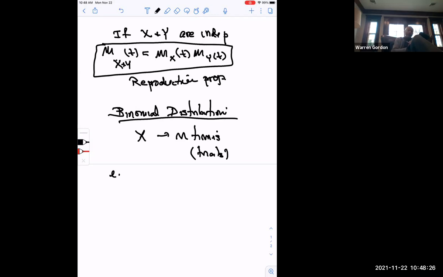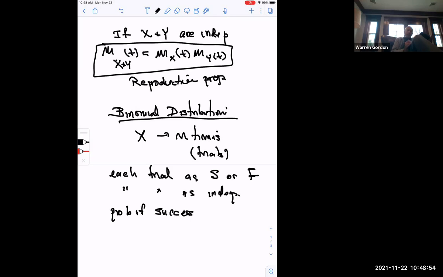And each trial or each outcome can be classified as success or failure. Each trial is an independent event, and the probability of success on every single trial is the same, little p.